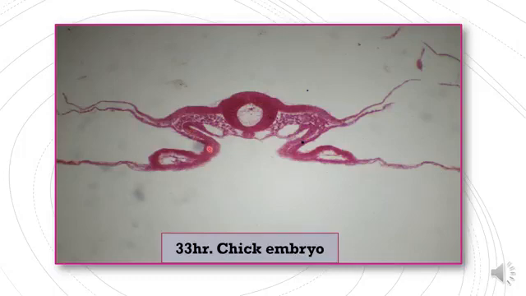In these sections you can see folding on that side and on that side. That's the lateral folding. Lateral folding forms the gut tube. This is the gut tube, represented by the pharynx.